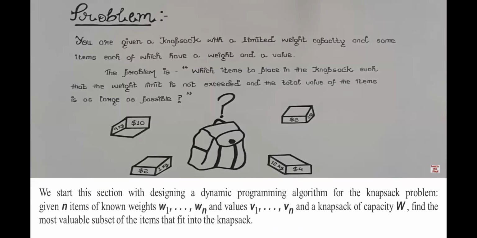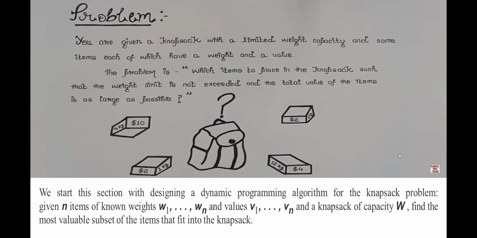As we have discussed the same knapsack problem in module 2, that is the greedy method, we are somewhat familiar with what the problem is. We are given a knapsack with a limited weight capacity, some fixed size, and some items, each of which has a weight and its corresponding value.